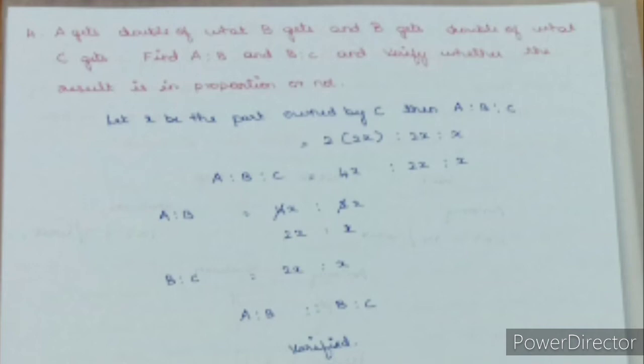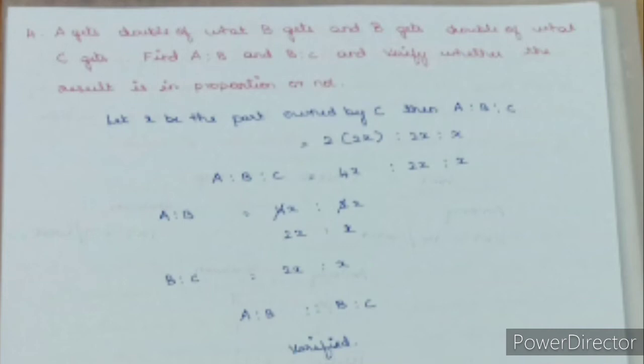Let X be the part owned by C. First we are taking, because which is the least one? C is the least one, because B is getting double of C. A is getting double of B. So which is the least one here? C is the least one.